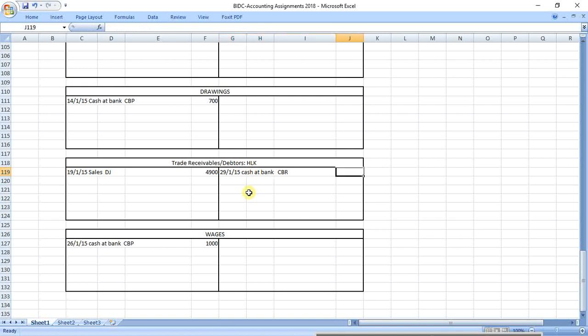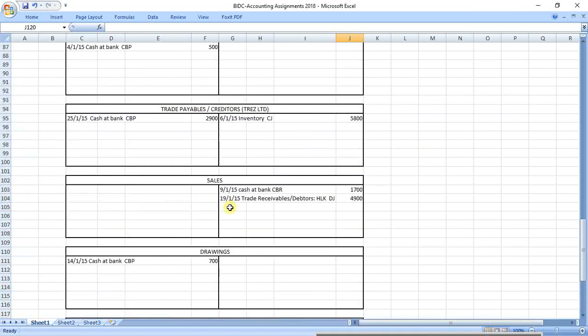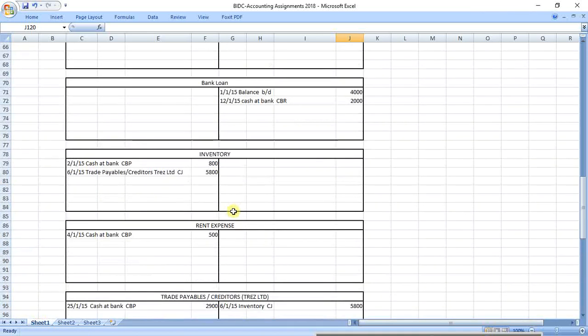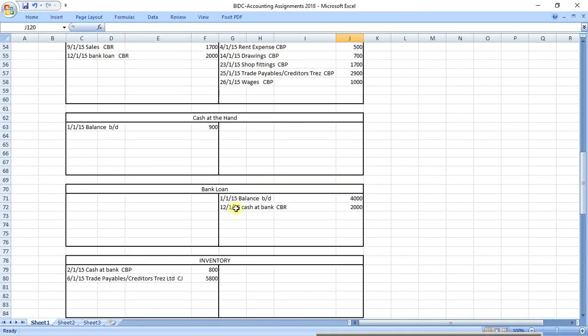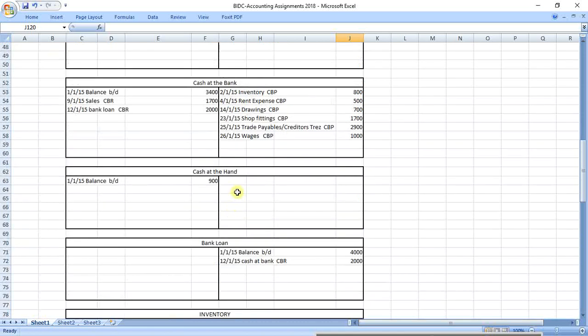Okay, so this account is going to decrease. Cash at bank, CBR, and the amount 4,900, same amount. Why? Because they said that it was a full settlement. Yeah. Okay, so this is what was received, so we debited. Yeah, there'd be a debit here. So would we, 29, just say trade receivables?